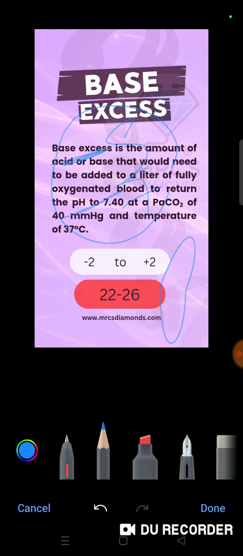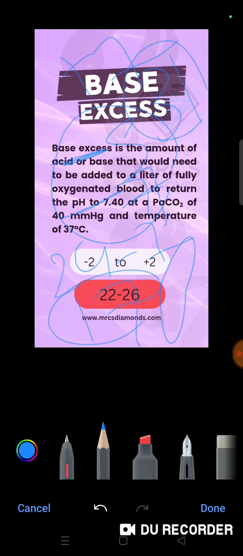If it is minus 7, go for 24 minus 7, so it is about 17. So this patient has metabolic acidosis. If he says it is plus 7, this patient has bicarb of about 31, so this patient has metabolic alkalosis.